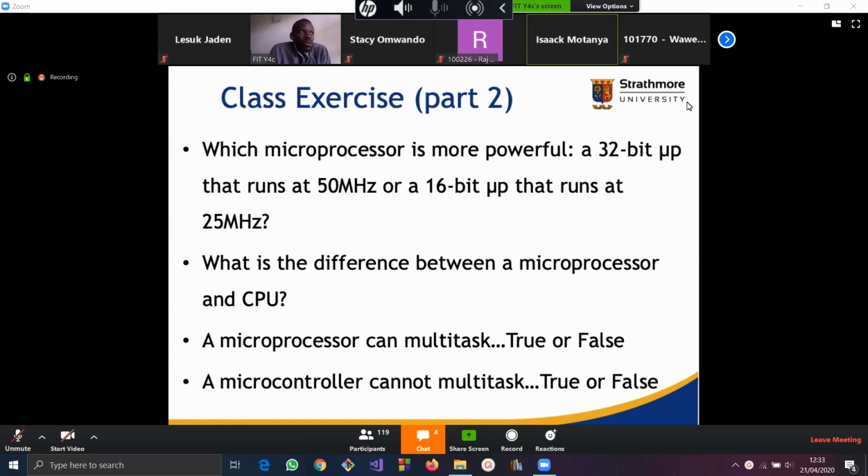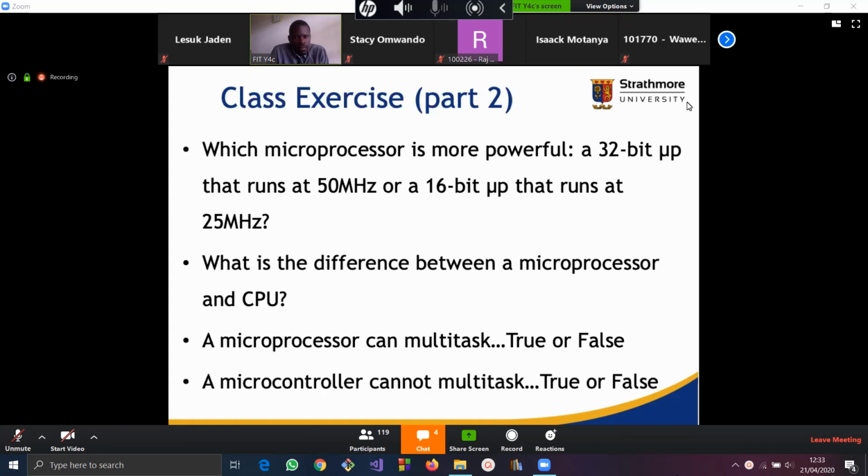So maybe if I ask it more directly, which one is inside the other? A microprocessor is a single chip implementation of a CPU, so it means that inside the microprocessor there's a CPU.